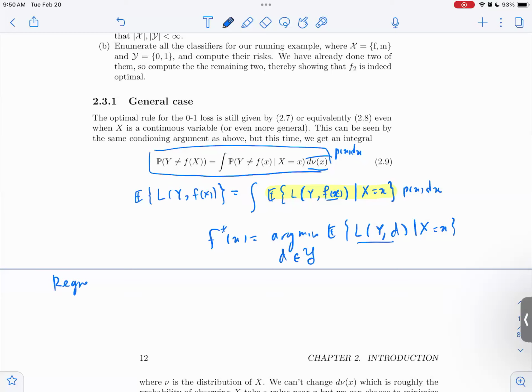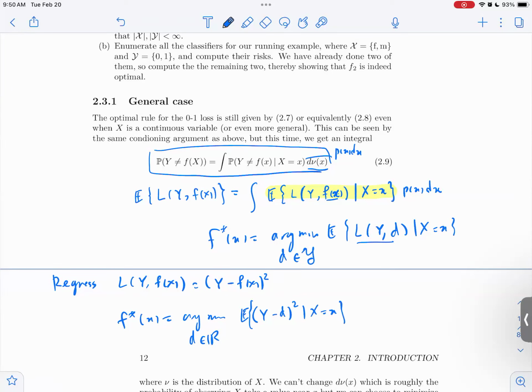In regression, L of y and f of x would be (y minus f of x) squared. So the optimal rule from the above would be the argmin, where d is in the reals, since that's the space of y, of the expectation of (y minus d) squared conditional on x. Hopefully you remember what this was.